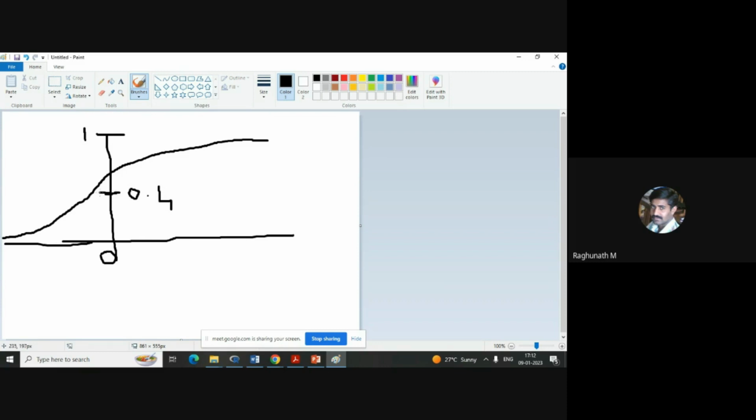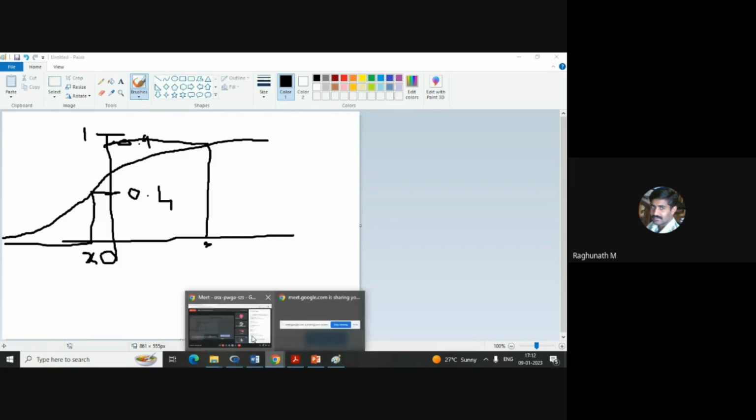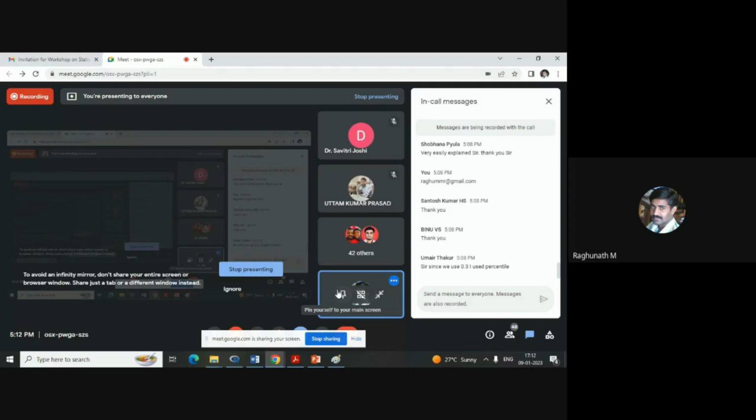You come to this, see what the value is here, 0.4. Its corresponding x value will be your quantile. Even if you take something like 0.9, you go to 0.9, draw a line like this, then draw the vertical line. Whatever value you get will be your quantile. It's the inverse image actually, in between 0 to 1. Hence, in the Q function, we are going to pass the probability initially, not x values.